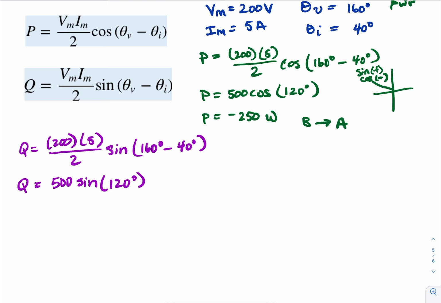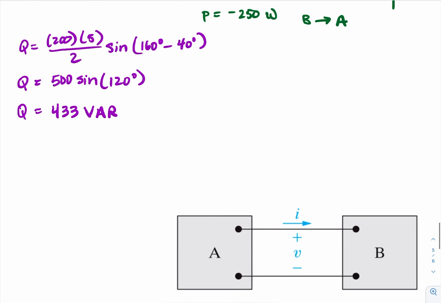We're expecting a positive number here. So Q, popping that into the calculator, is 433 var. And that is a positive number.